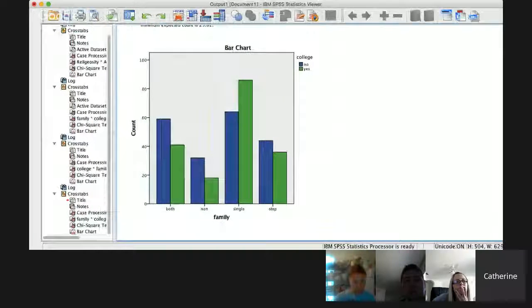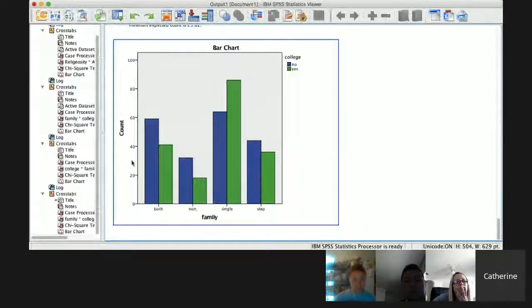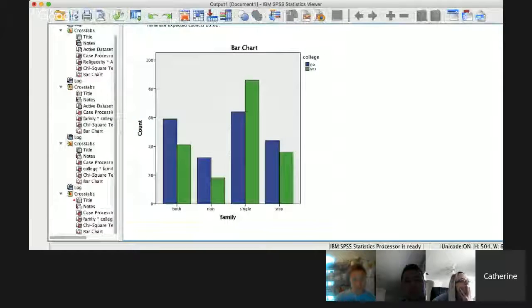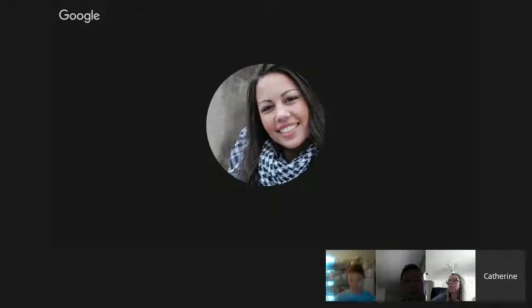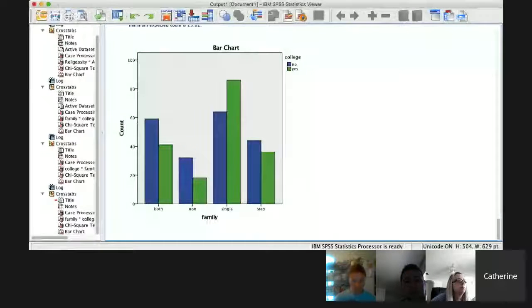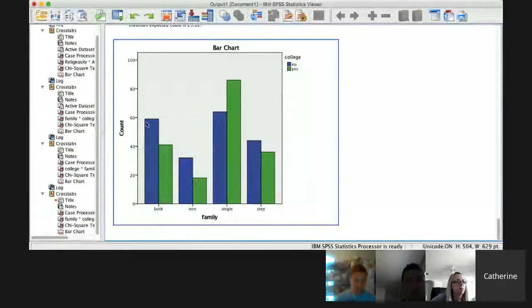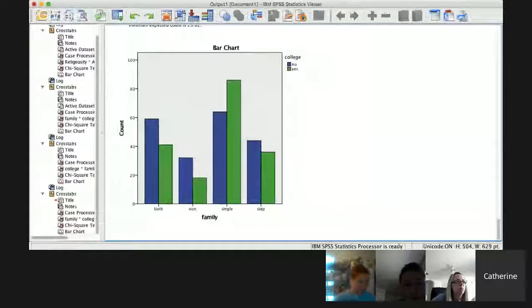Because for my non-parental, that's right. The only thing that switched is my single parent, and both parents are different. Both. Okay.